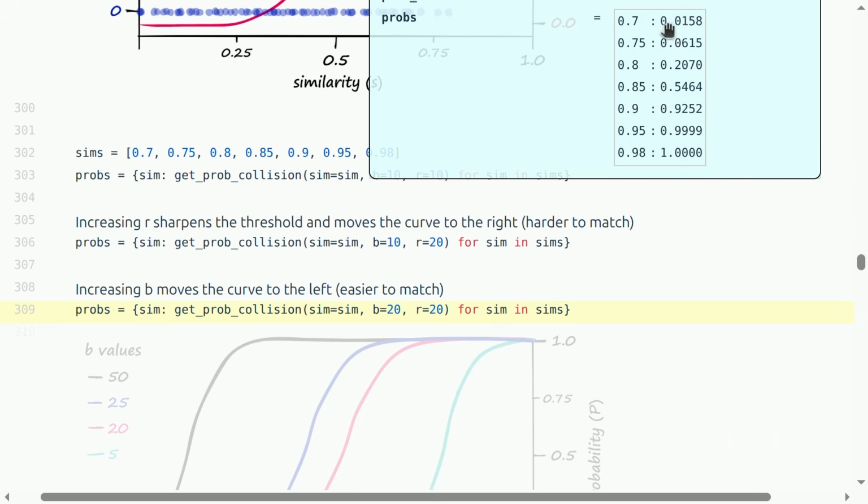And of course, this also increases, but not by that much. Okay, and you can drive these phase transitions to be as sharp as you want by increasing B and R. But of course, if you increase B and R too much, then it can be more expensive.